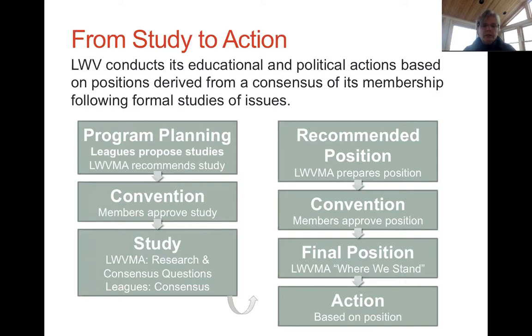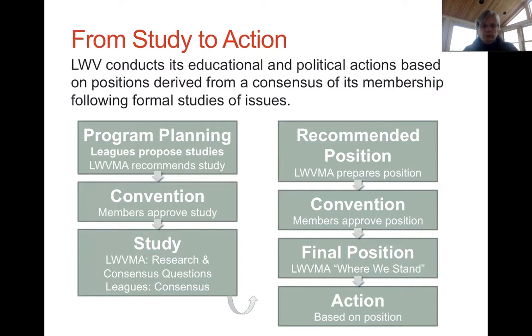This is where leagues can propose studies, and then the state league gets all the input from the local leagues and recommends a study. It's not quite that simple, but that's in a nutshell. Then it goes to convention for members to approve the study. Then the study is conducted.